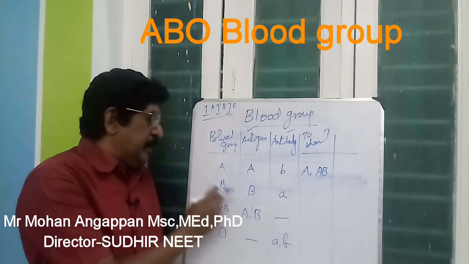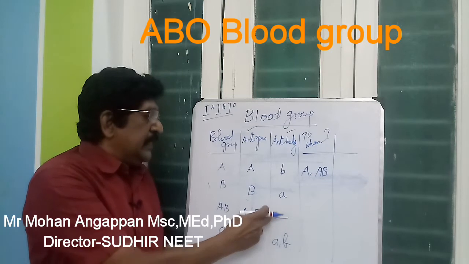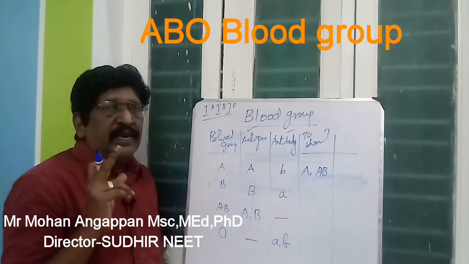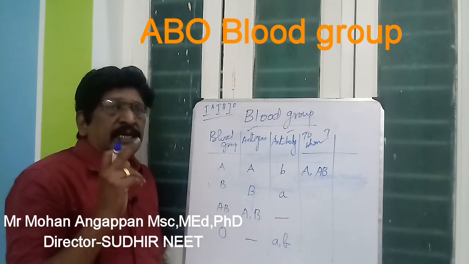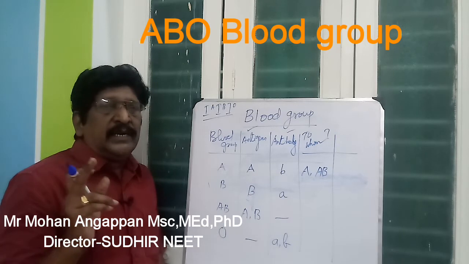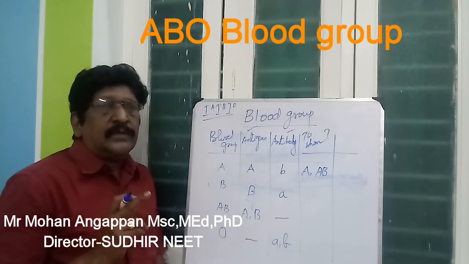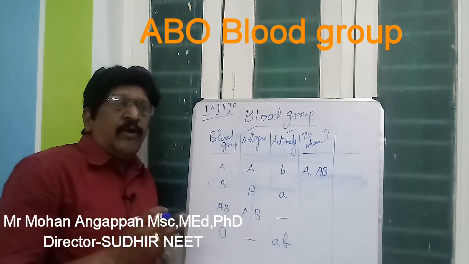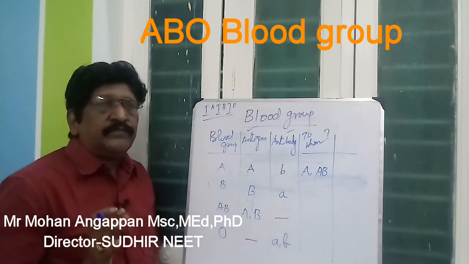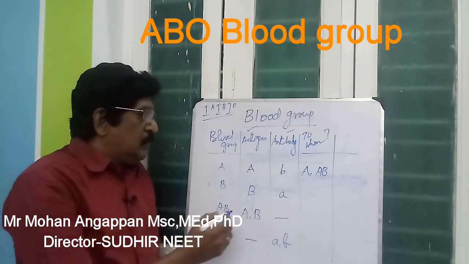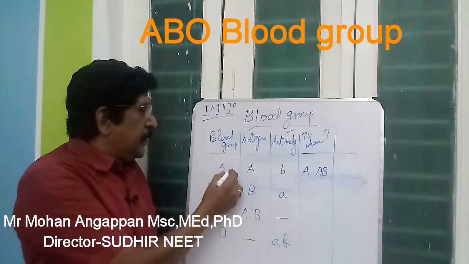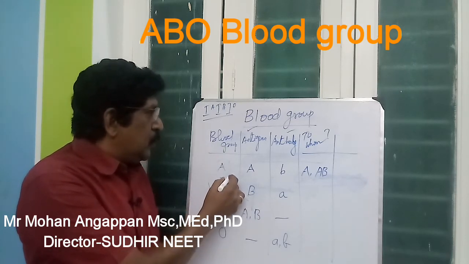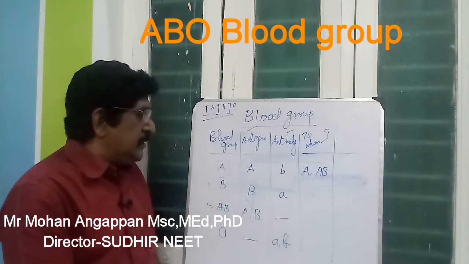Let us come to AB. So here there is no antibody in AB. So you must remember one concept very clearly. In the donor's blood, you should not bother about the antibodies. Whether the donor's blood is having antibody or not, it doesn't matter. So here, if the blood group person A donates blood to AB, what happens?